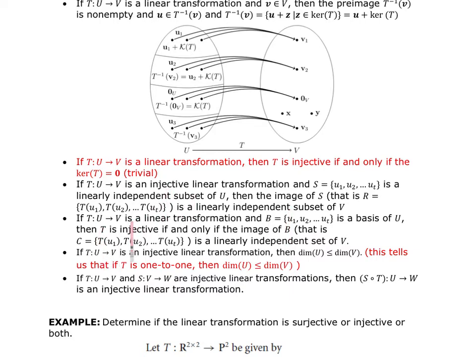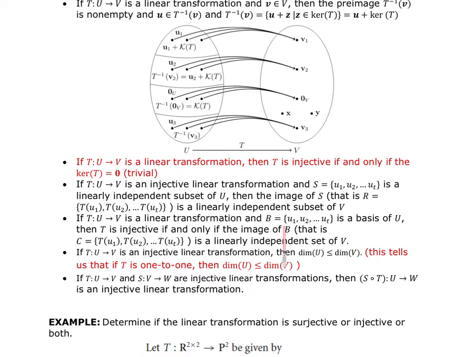That's if it's injective. Now, if T from U onto V is a linear transformation and the basis B is a basis of U, then T is injective if and only if the image, that is, the codomain values, is a linearly independent set.